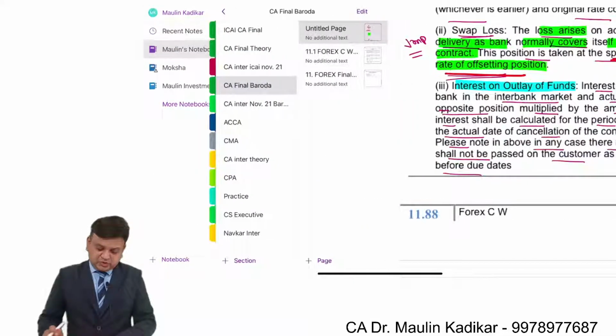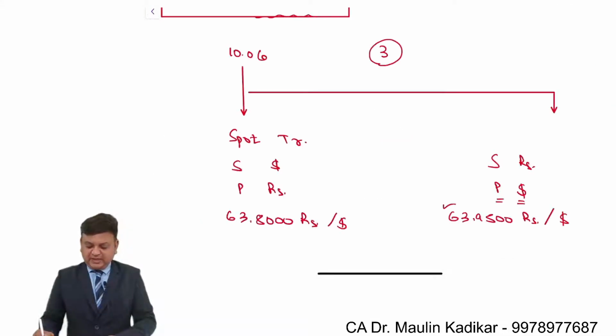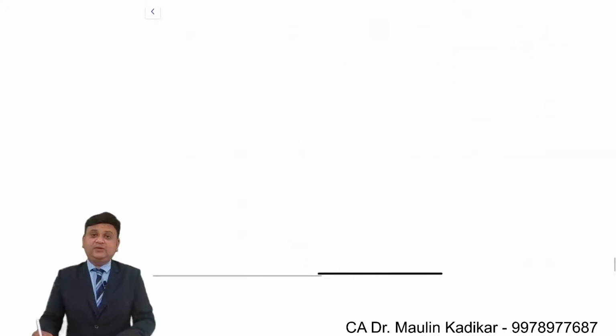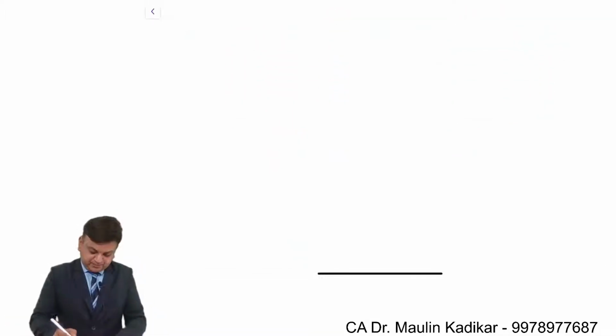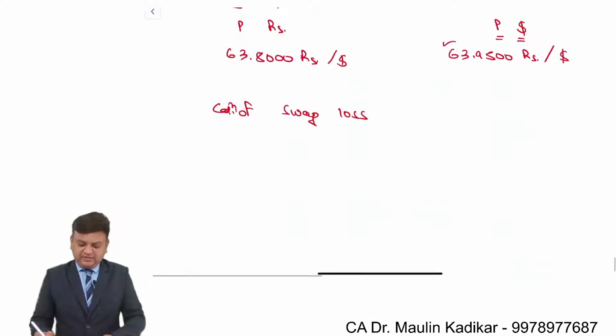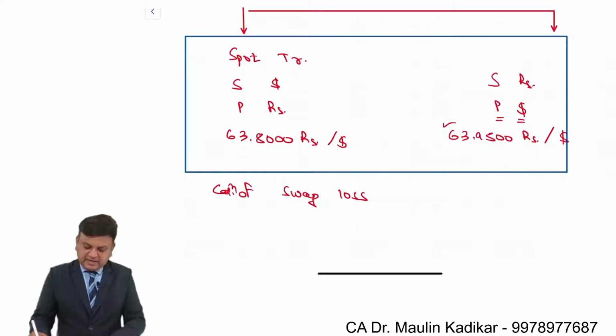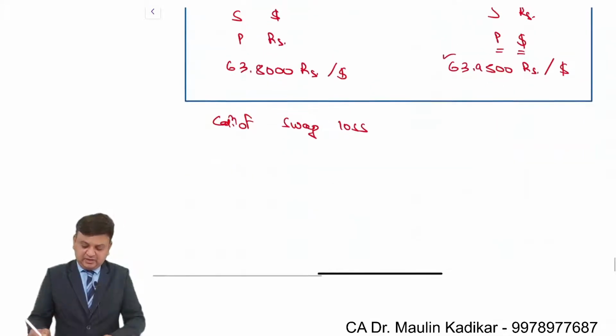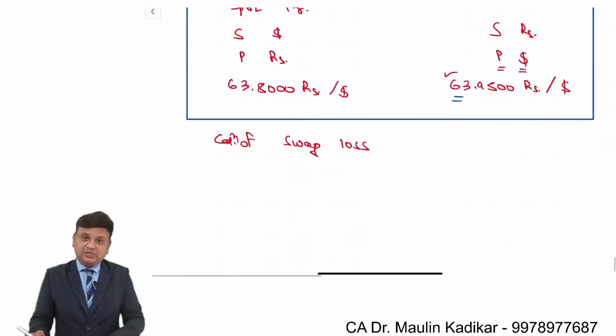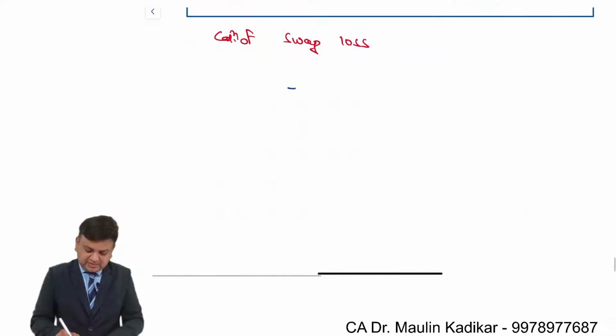Okay. So now over here we are required to make the computation of the swap loss which the bank is incurring. So calculation of swap loss. In that we can compare these two rates directly. On making comparison of these two rates directly, 63.95 is the rate at which you purchased a dollar.